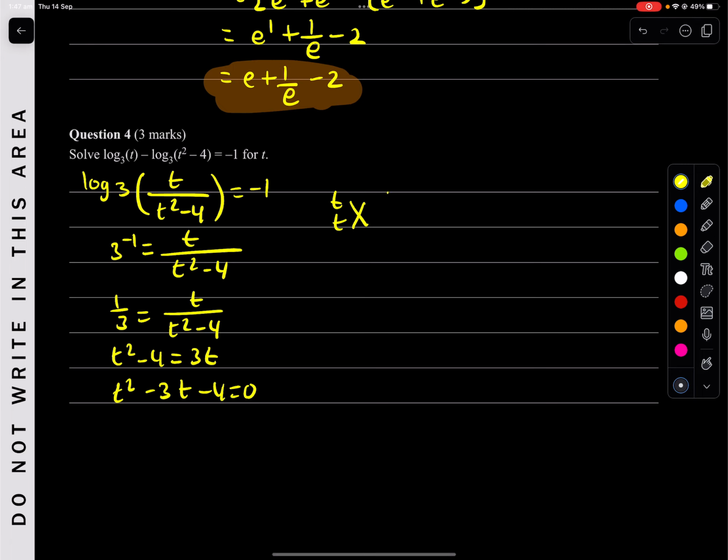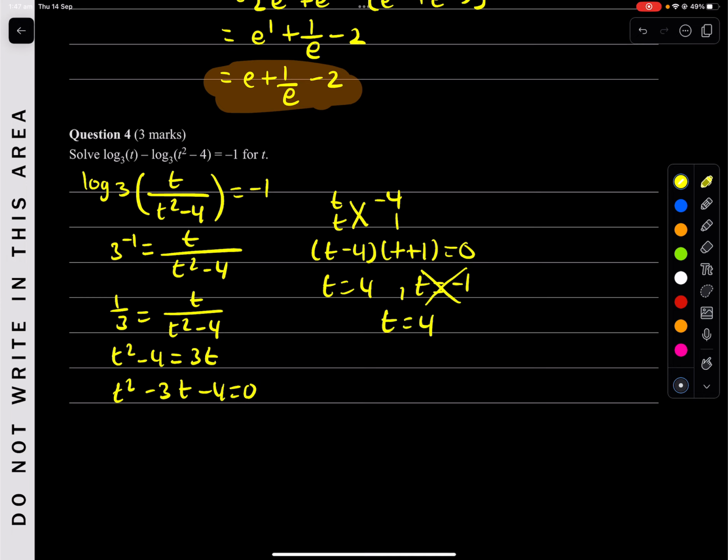We get 4 and 1, so 1 minus 4, negative 3. Perfect. So that works. So we can rewrite this as (t minus 4)(t plus 1) equals 0, so t equals 4, and t equals negative 1. We do have to exclude that negative 1, because if we sub in a negative 1, a log is always positive, and we have to exclude it. So we can say this one's wrong, so t equals 4.